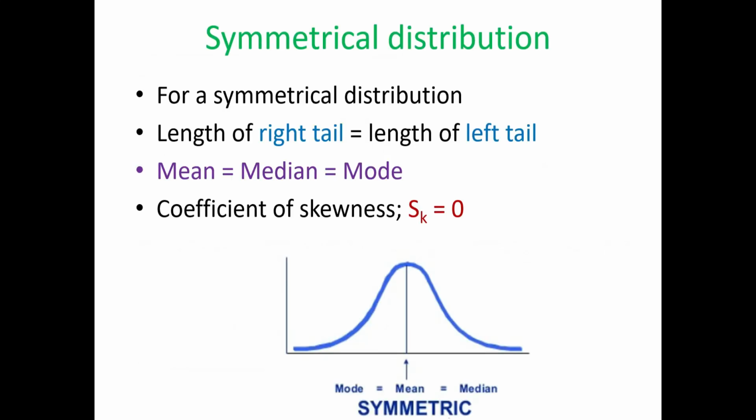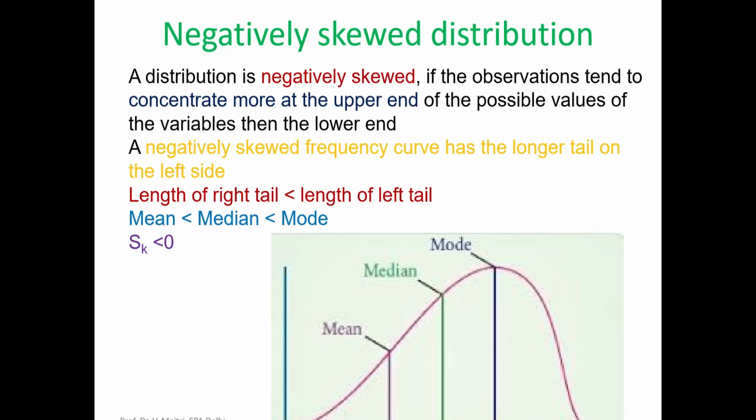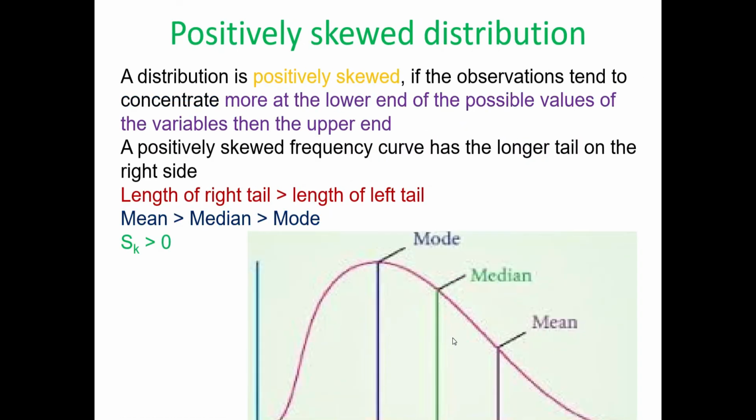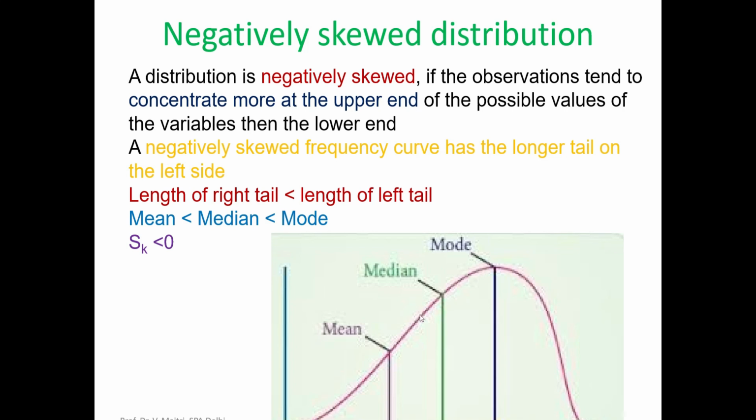For a symmetrical distribution, the length of the right tail and the length of the left tail are the same. Mean, median and mode must be the same and skewness will be 0. For negatively skewed data, mode is here, median is here, mean is here, so it is moving like this.